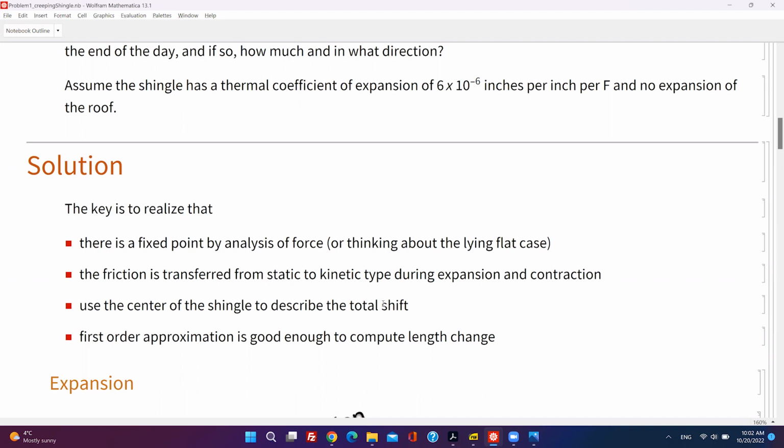So the thing in the middle should not move. If you put the shingle on an inclined surface, because we just changed it a little bit, the fixed point of that shingle actually moves slightly off the center.